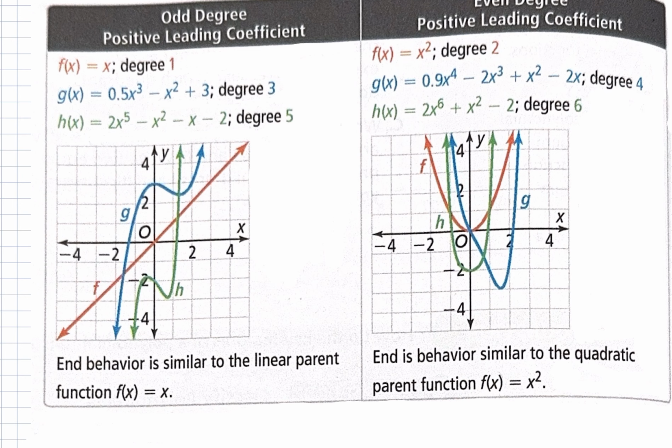You'll notice that g of x here, which is 0.5x cubed minus x squared plus 3, has a degree of 3. This is an odd degree function, but even though it curves in the middle, eventually it goes up and to the right into infinity and down and to the left into negative infinity, similar to this line.